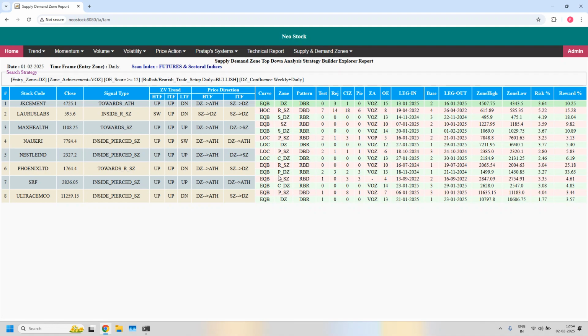That means all these 8 stocks, these daily demand zones are overlapped with weekly demand zone. That means they are part of the weekly demand zone. And the weekly trend is up in all these stocks, ITF trend. So if weekly demand zone is having weekly EMA confluence, then these daily demand zones are high probability setup supported zones. Let's verify.